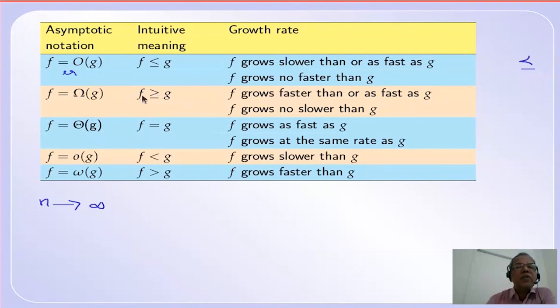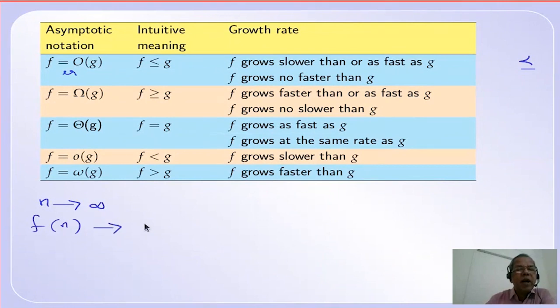In symbol, we should read f grows faster than or as fast as g. When n increases, f also grows, g also grows. There is no question of f growing in value and g growing in value. The question is which grows faster or which grows more slowly.